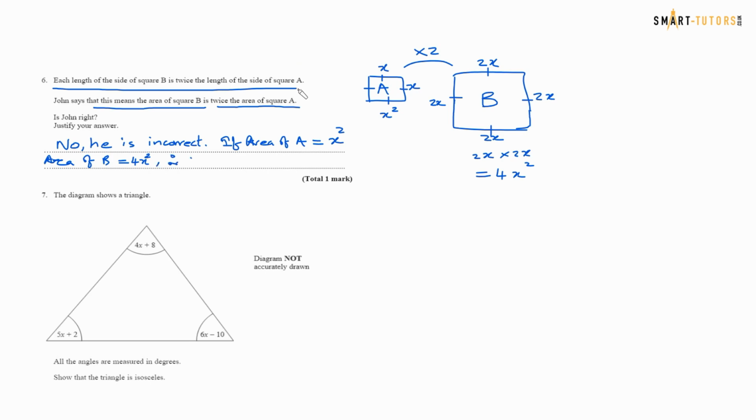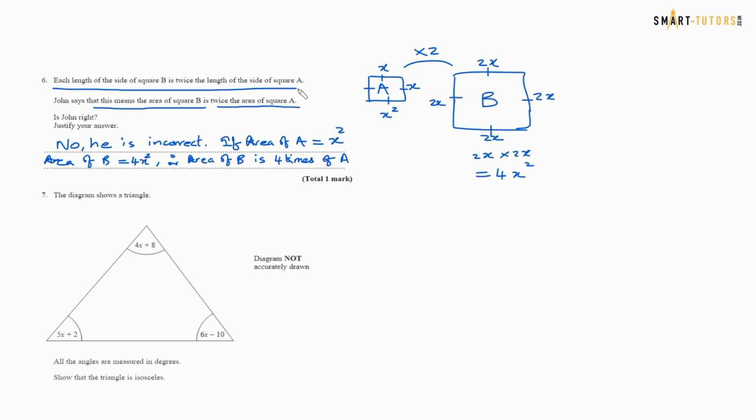Therefore, area of B is 4 times that of A. So that is the justification.